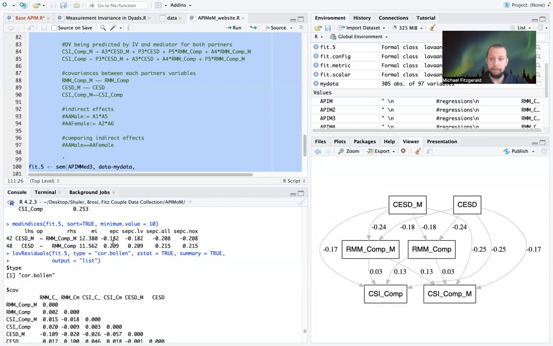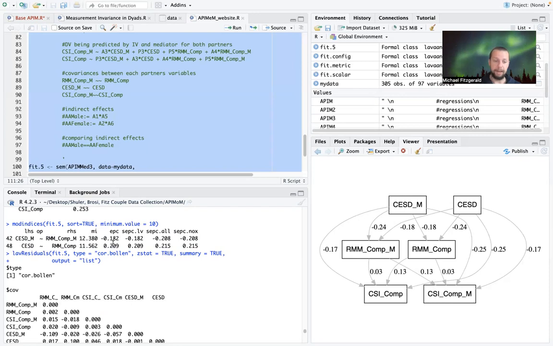Modification indices can be really helpful if they are used thoughtfully and intentionally, but they can also be extremely dangerous because I believe it's work by Bud McCallum, who has done simulation research, where if you just follow modification indices, you never get back to the population model, the correct model, the model with no misspecifications, because you're kind of just following what the data are telling you, and that's not always the best way to go.